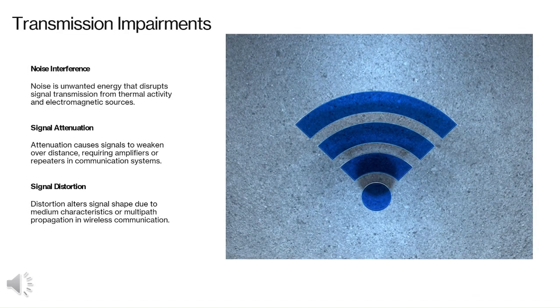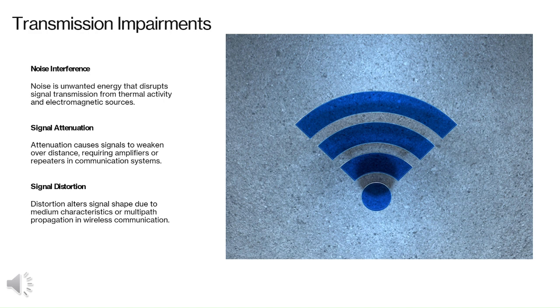Now we are going to talk about transmission impairment. There are three concepts: noise interference, signal attenuation, and signal distortion. Every signal faces three enemies during transmission. Noise is unwanted random energy added to the signal.